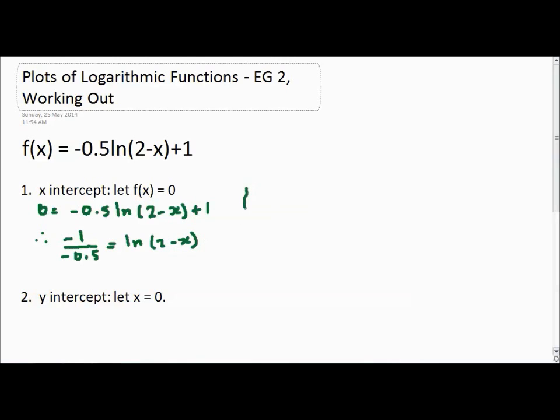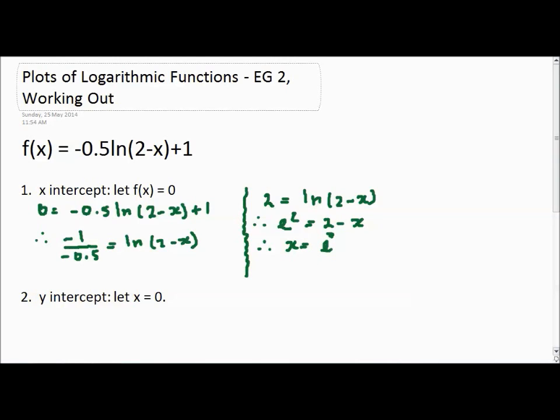Okay, so what we will do now is exponentiate both sides, and also -1 divided by -1/2. Well, two negatives makes a positive, and 1 divided by 1/2 is the same as multiplying by 2, isn't it? So we can say 2 is equal to ln(2 minus x). Exponentiating both sides, we get e to the power of 2, or e squared, equals 2 minus x. Therefore, x equals e squared.